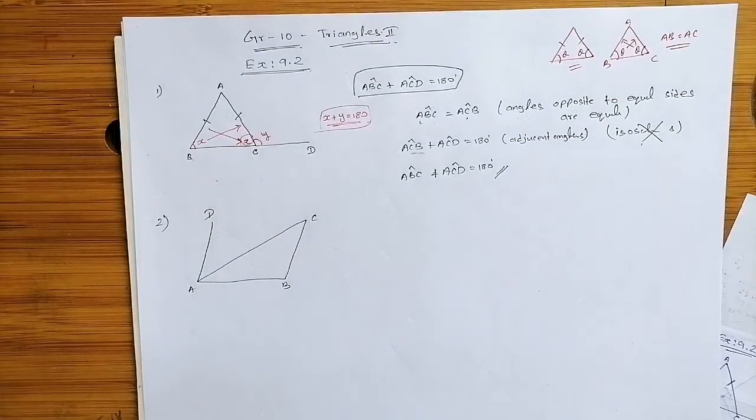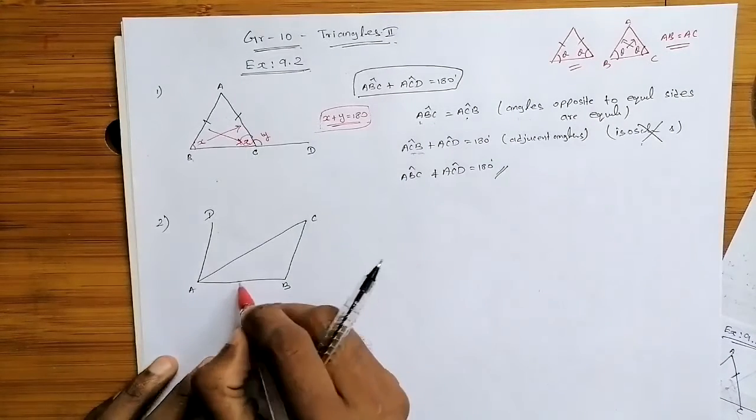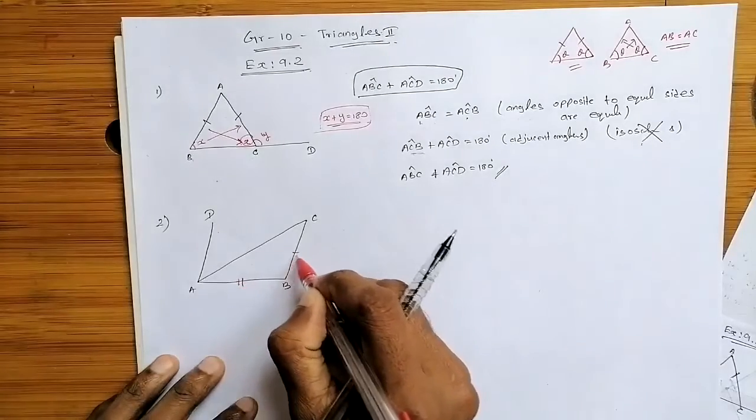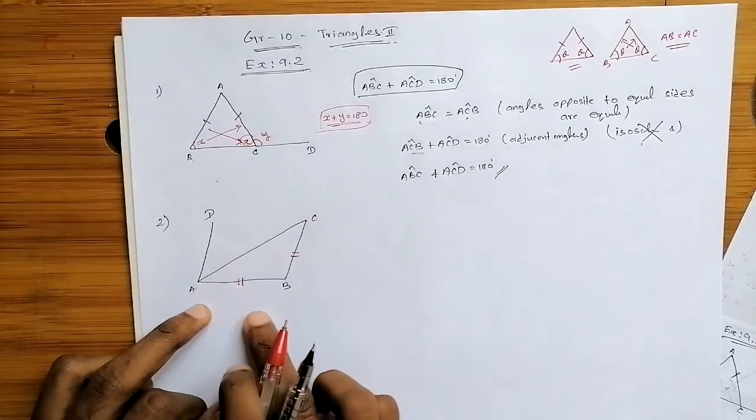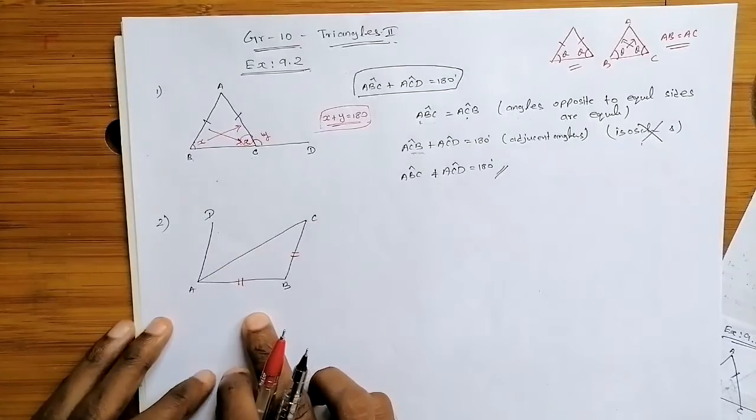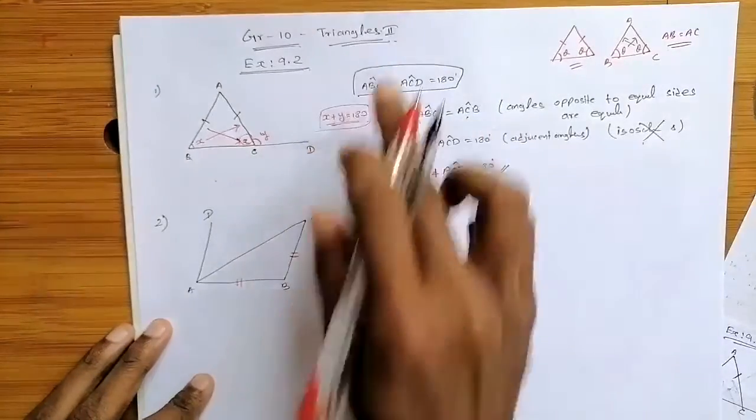So this is the figure we have. The other details won't be included with the data that is given. Okay, in the figure, AB equals BC. If you consider triangle ABC, it's an isosceles triangle. We can use the theory we are studying in triangle 2.